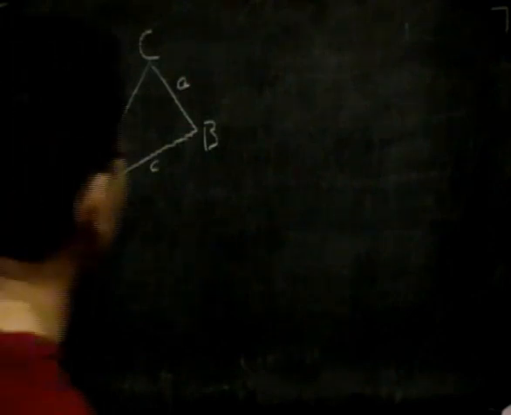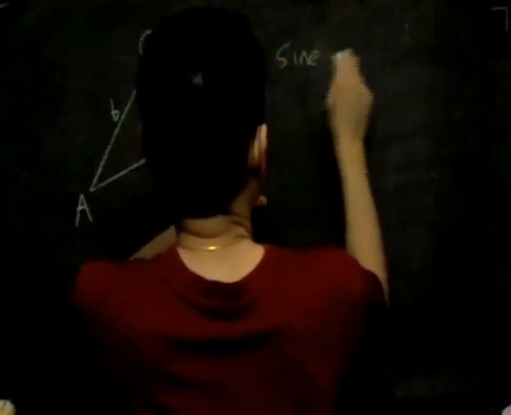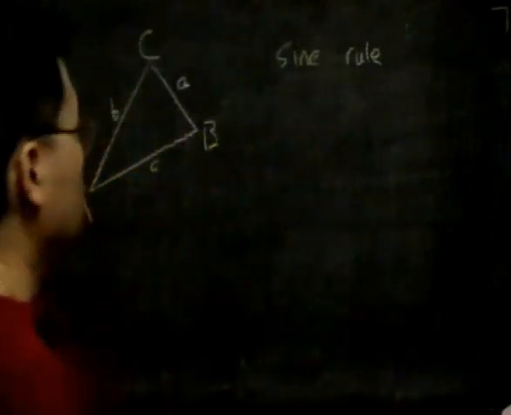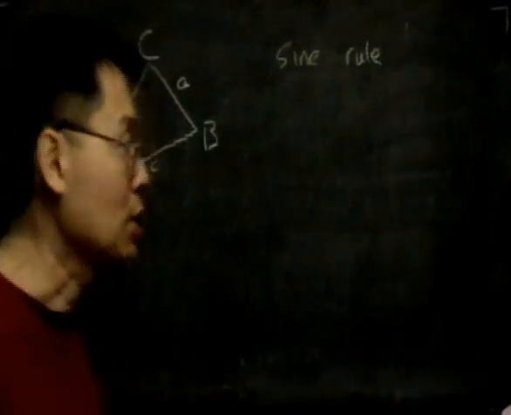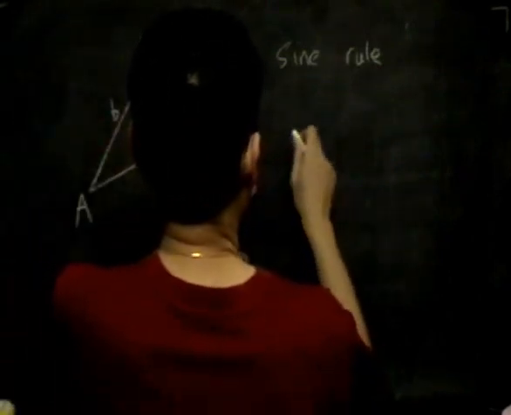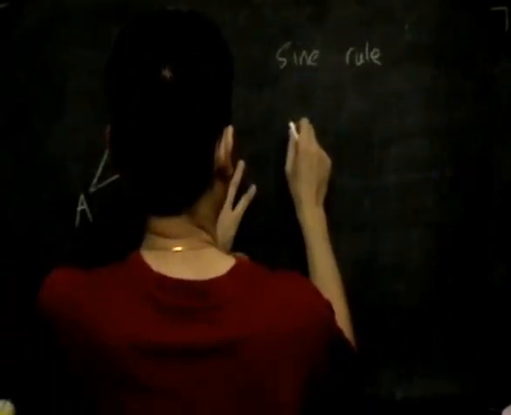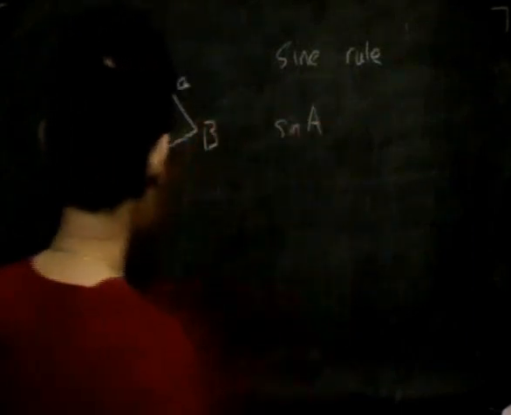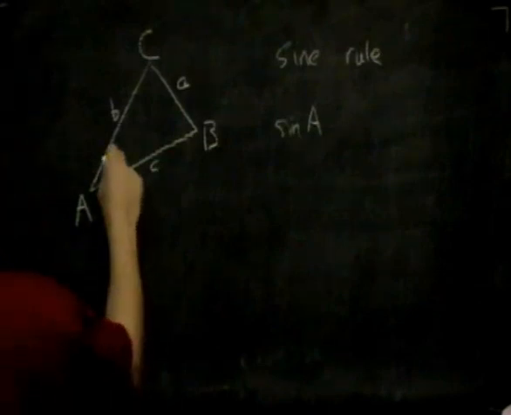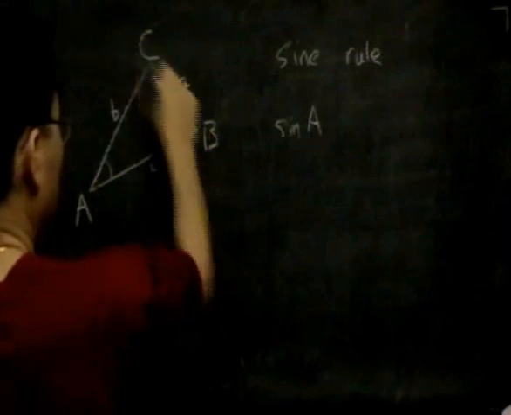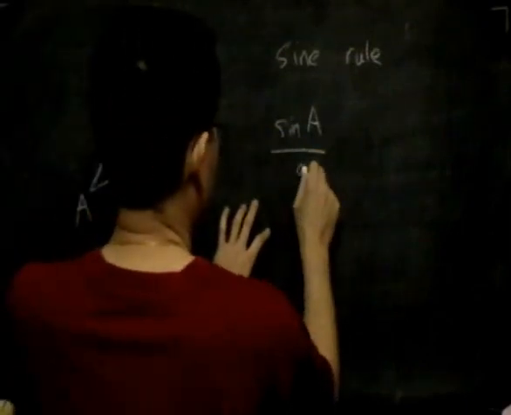So first, let me write down the sine rule. The sine rule is a set of formulas relating the angles and the sides, and it goes like this. Sine of the angle A, this angle, divided by the opposite side, little a.